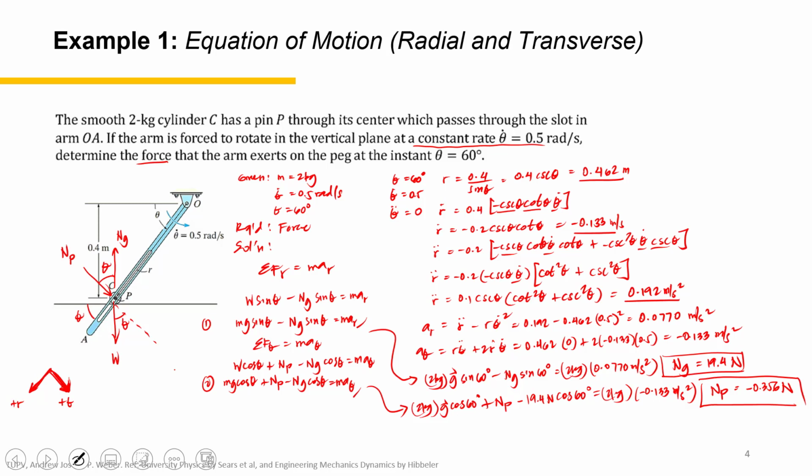So the value of NG is positive 19.4. It means that the original assumption of the direction of NG is correct, meaning it goes upward. But the value for NP is negative 0.356, which means that the assumption for the direction of NP is in fact opposite. It means that the NP is in this direction.